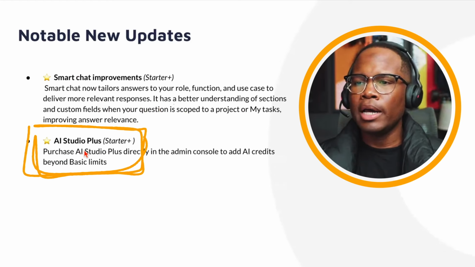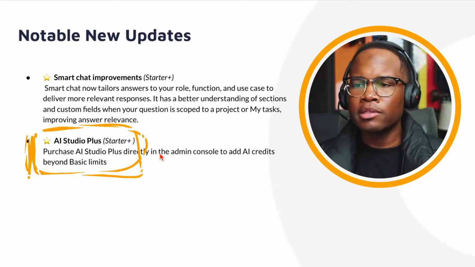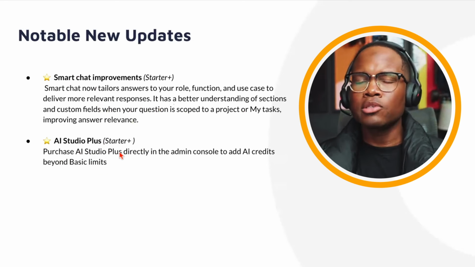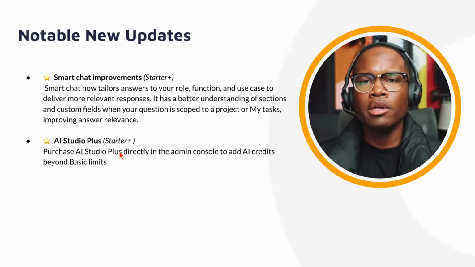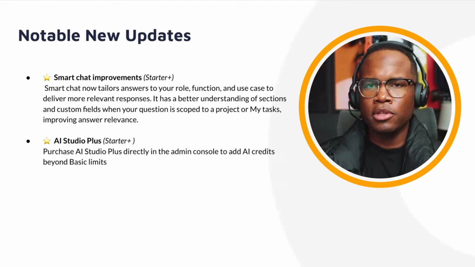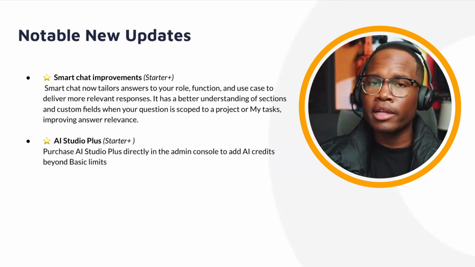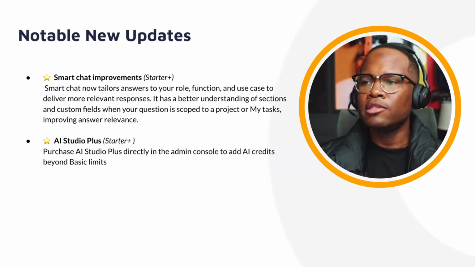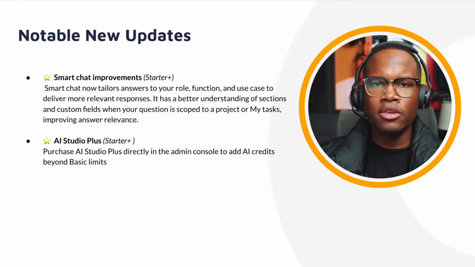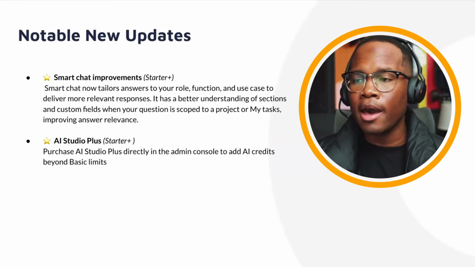AI Studio Plus can now be purchased, and you can manage your credits within the admin console. And so under the billing tab, you'll see your basic access. As long as AI Studio is turned on, you'll have free access to AI Studio up to 200,000 credits per month. And so you can go and take a look at that. You can test, play, and develop use cases for even using the AI.